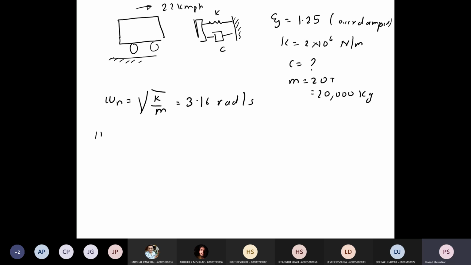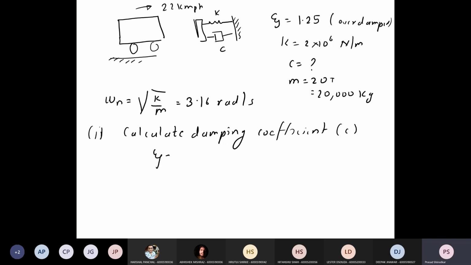Then let's calculate the damping coefficient C. Zeta is equal to C divided by Cc, or C is equal to zeta into Cc, that is equal to zeta into 2m omega n. So substitute the values. This comes out to be 150 into 10 raised to 3 Newton second per meter.